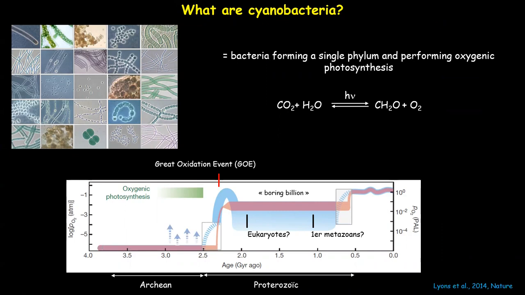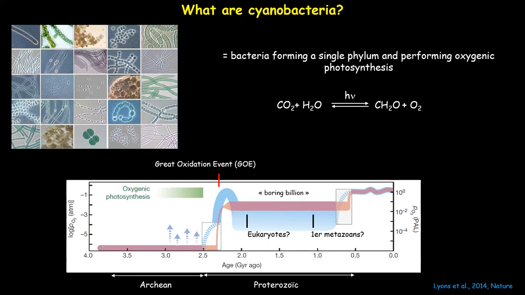And what are cyanobacteria? They are very diverse bacteria. They form a single phylum, and they perform this metabolism that is called oxygenic photosynthesis. Basically, they have pigments like chlorophyll, other pigments as well, like cyanine.